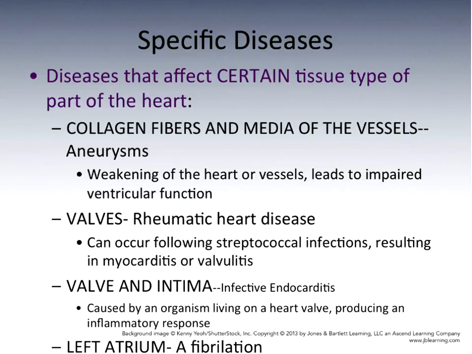Valves, we already touched on, as an example the mitral valve, but valves can be affected in different ways. Rheumatic heart disease mostly loves the mitral valve. On the right side, we have the tricuspid valve, also between the right atrium and right ventricle.